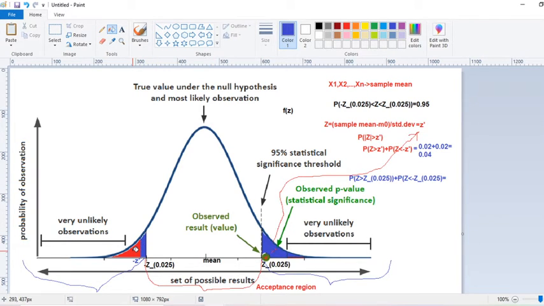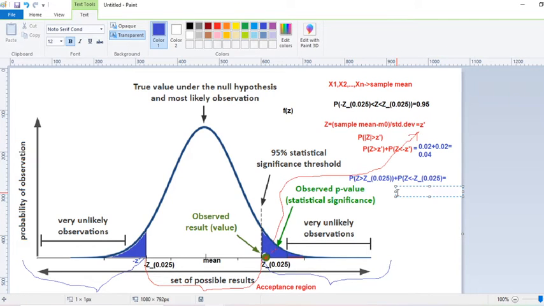Again, plus probability of Z less than minus z 0.025. That is the area of this region. So what will be those probabilities? The first one, the right side probability, is 0.025, plus the second one is 0.025.